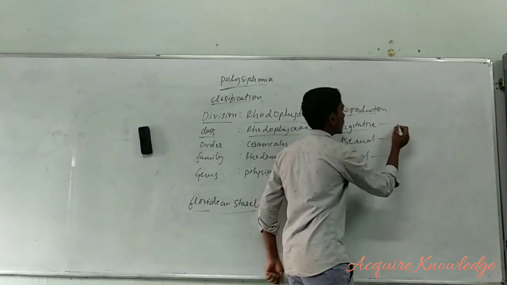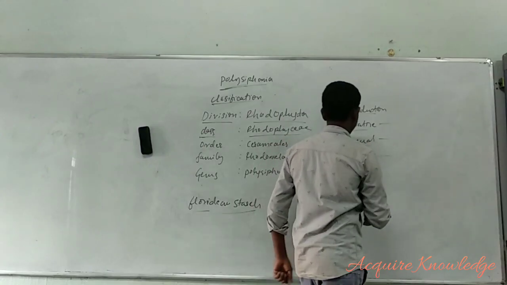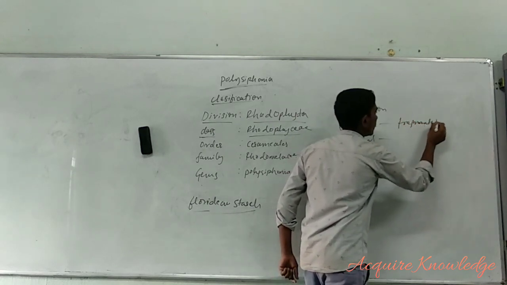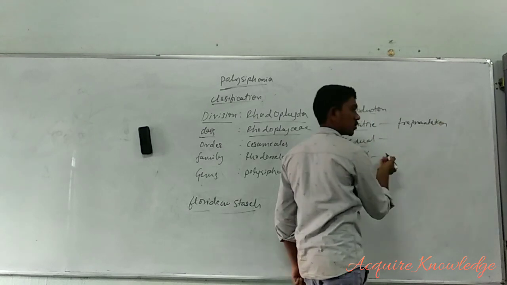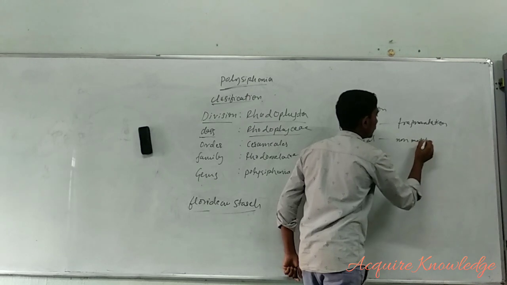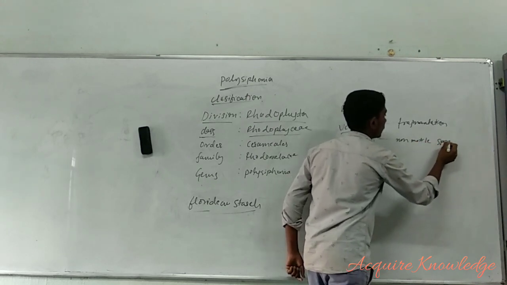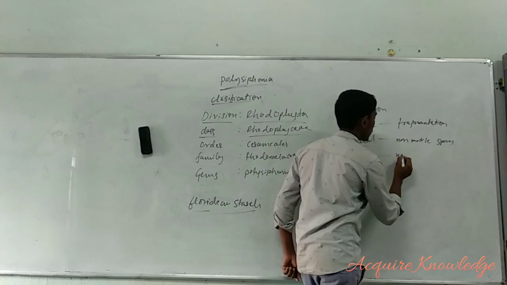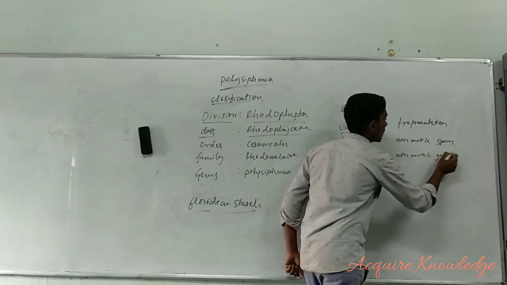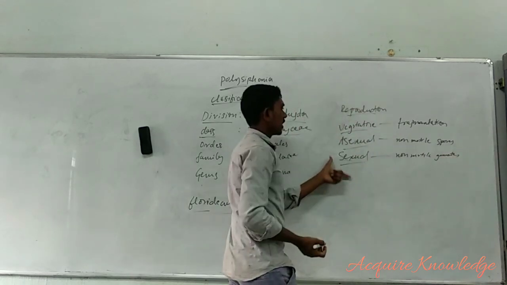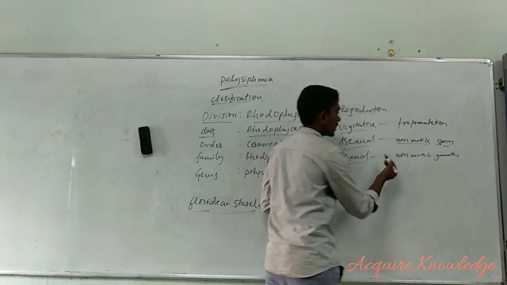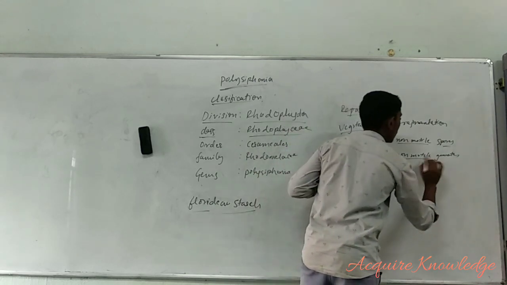The vegetative reproduction occurs through fragmentation. Asexual reproduction occurs through non-motile spores, and sexual reproduction occurs through non-motile gametes.